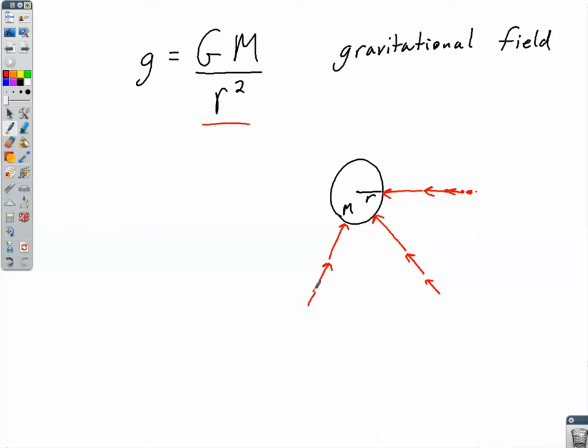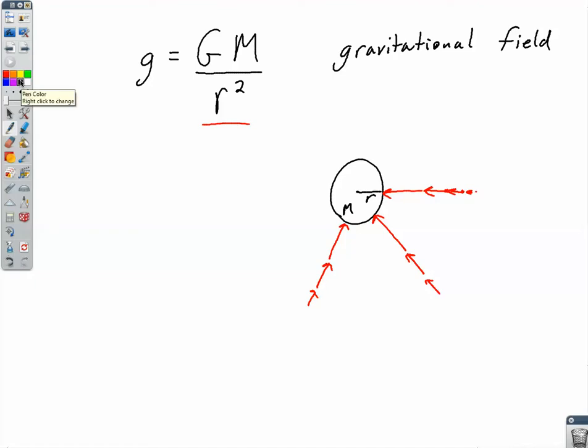So what we have here is a visualization of the gravitational field. If we can envision arrows all around this guy, all of them pointing in towards the center, and all of them decreasing as the distance from the center increases, we've got a visual map of the gravitational field.